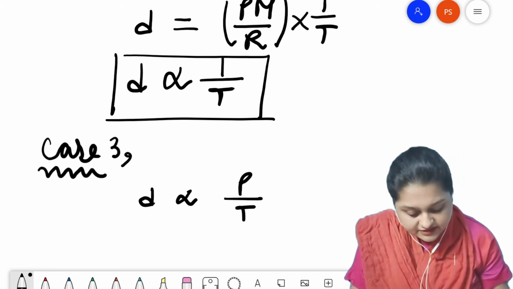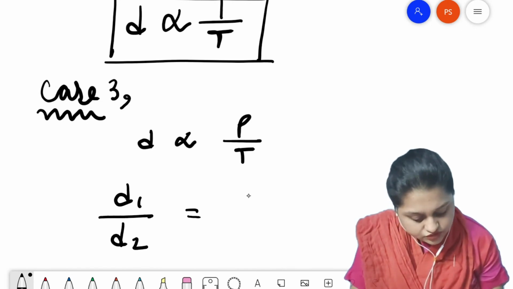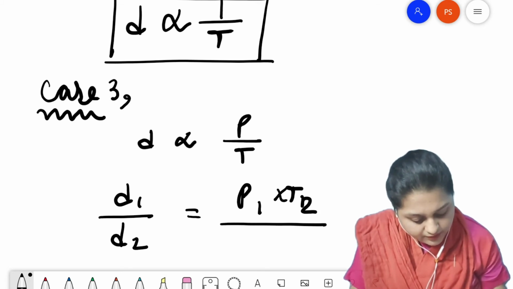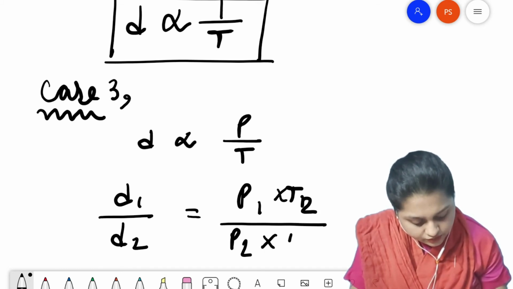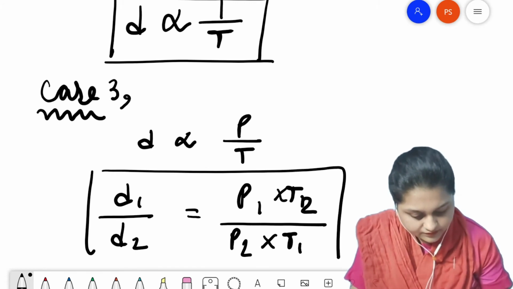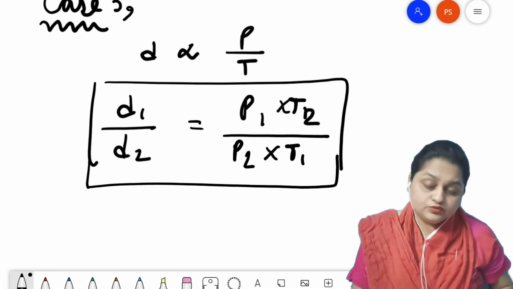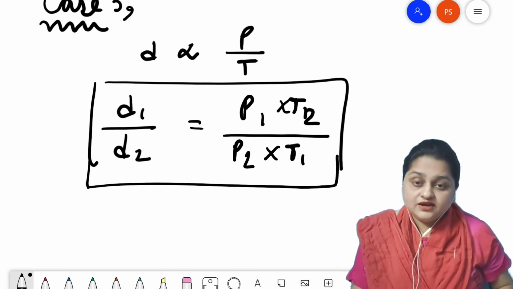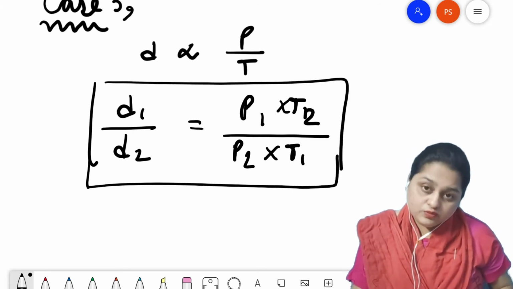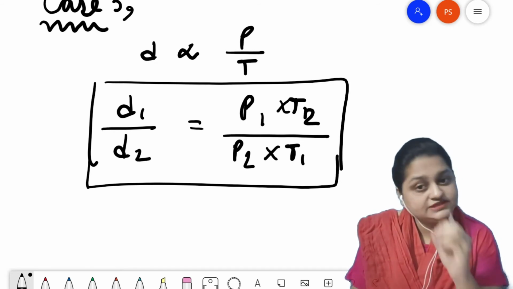In that case, this equation can be written as d1 by d2 equals P1 multiplied by T2 by P2 into T1. This is the equation through which we can observe the state change for a particular gas. When the state is changed for a particular gas, how the density can change.